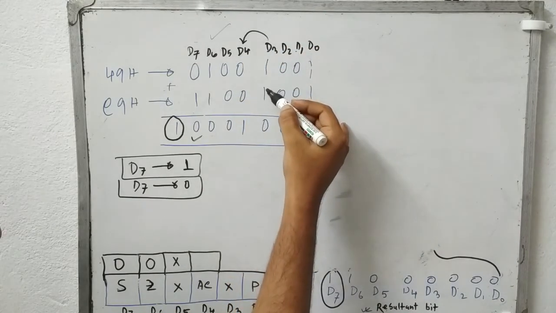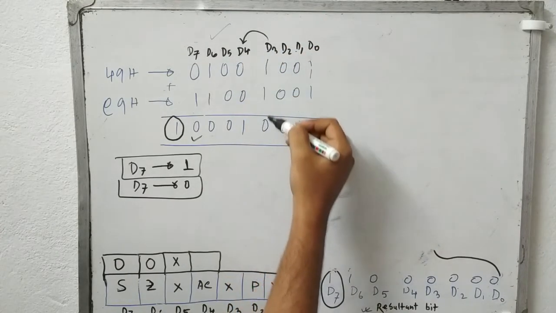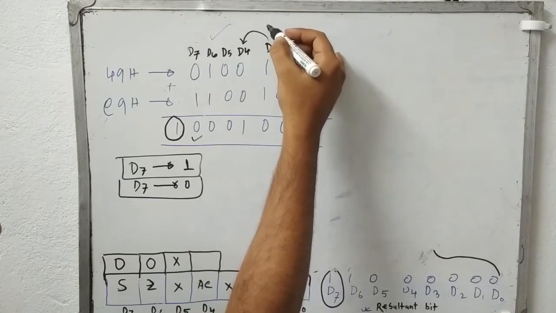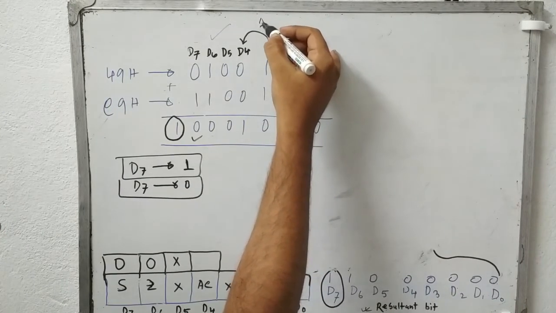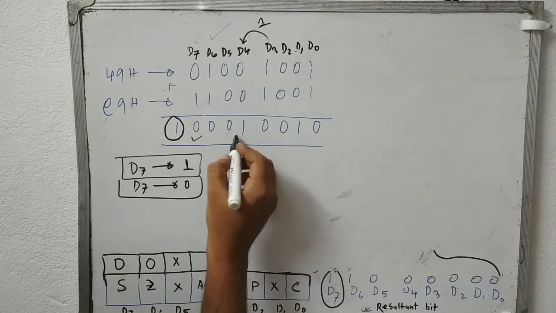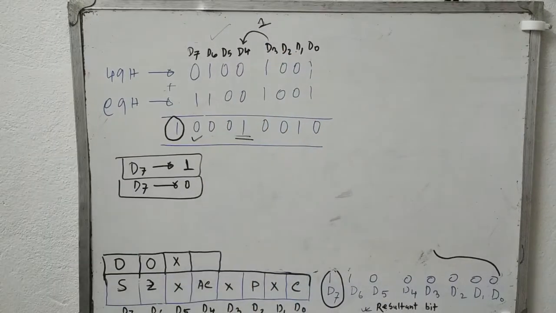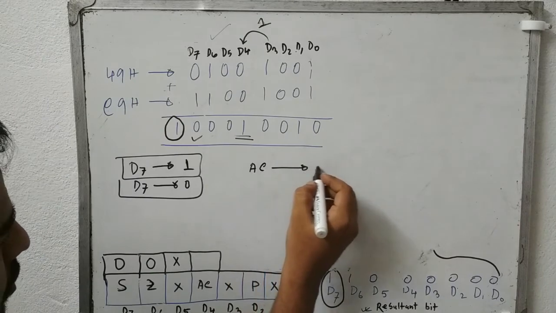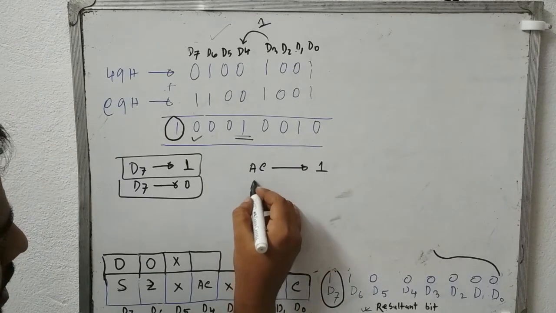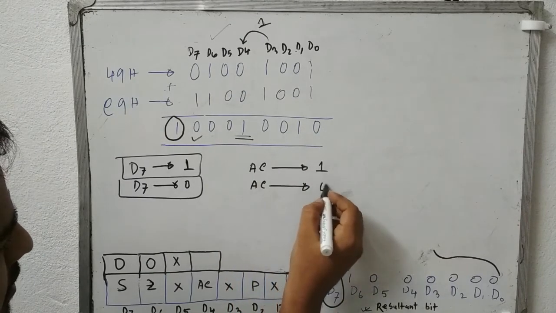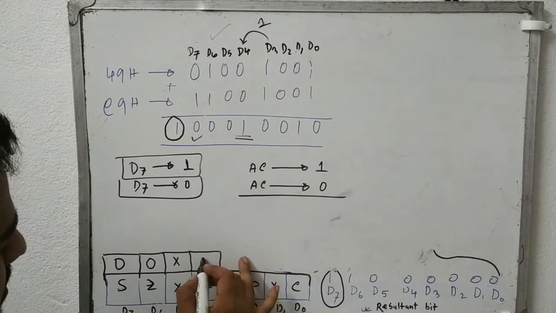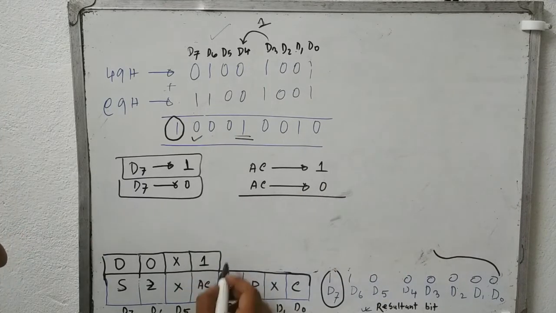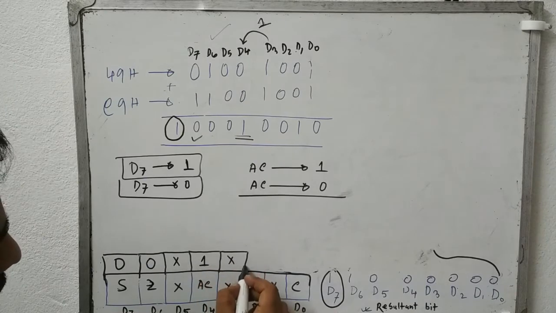Yes, there was an addition of 1 1 0, and one carry was generated there and passed on to the D4 bit. So the auxiliary carry will be set, otherwise it would be reset. That means it will be 1. And there is a don't care again.